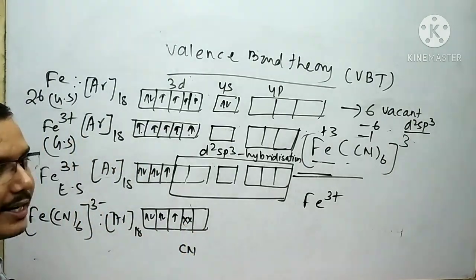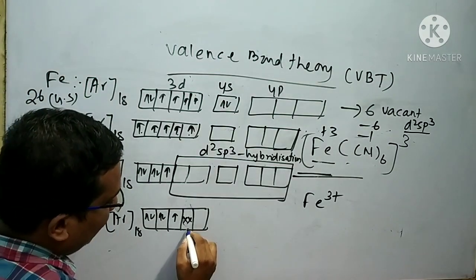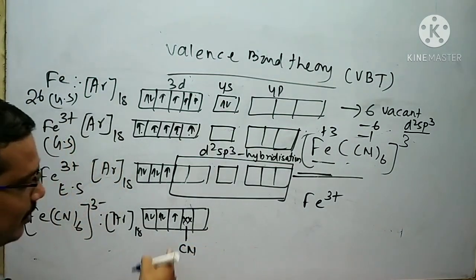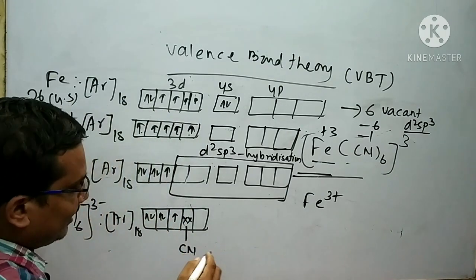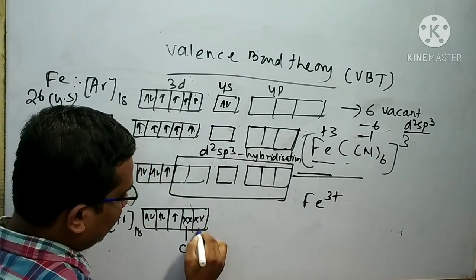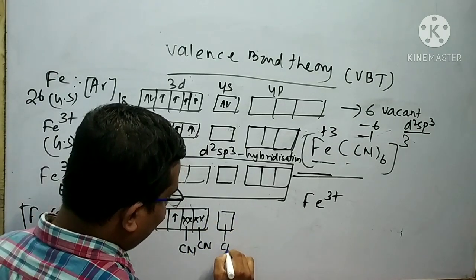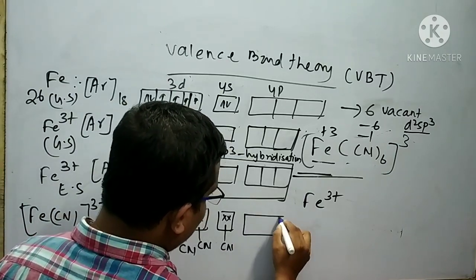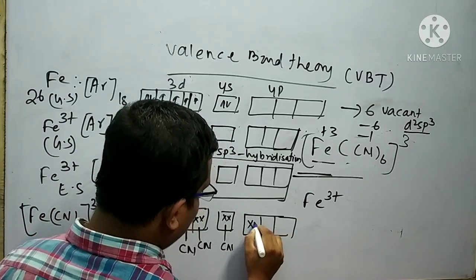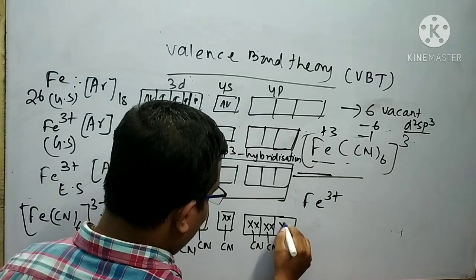These 2 signs indicate 2 electrons of CN, which will form a bond with the central metal atom. Like this I can also write here 2 electrons of CN. Here also 2 electrons. Here also 2 electrons. Like that I can write this.